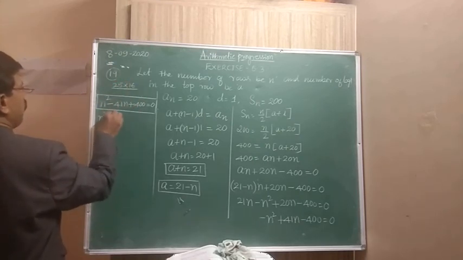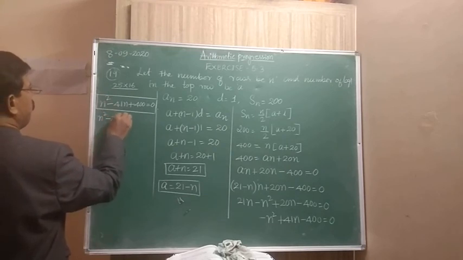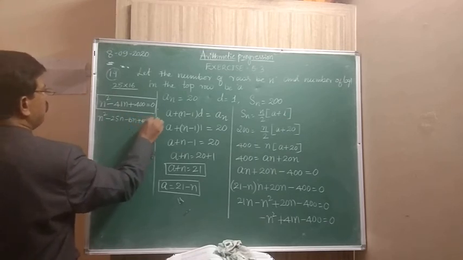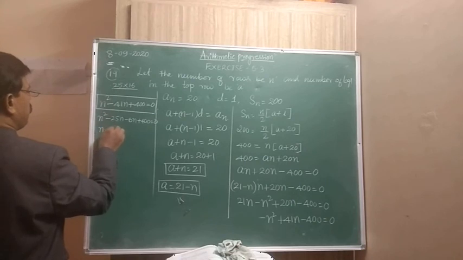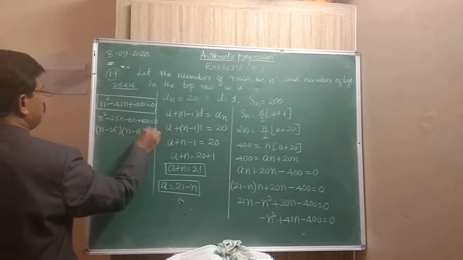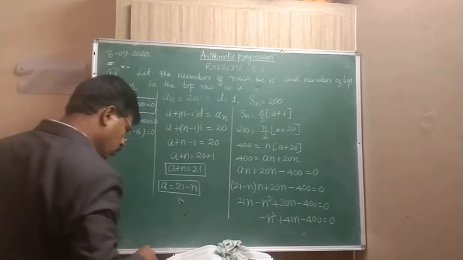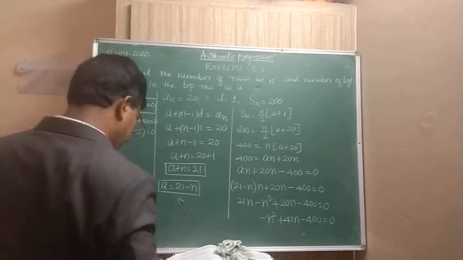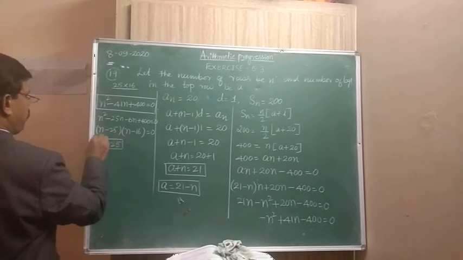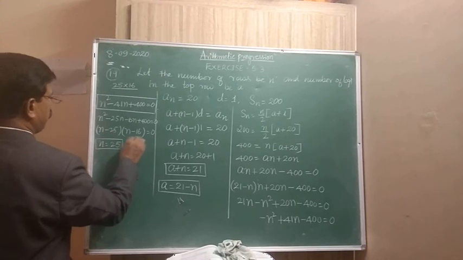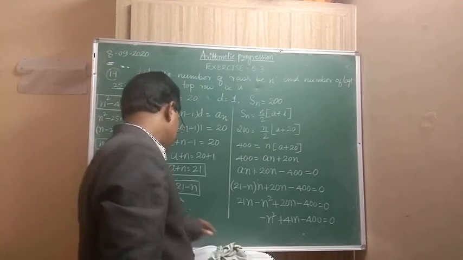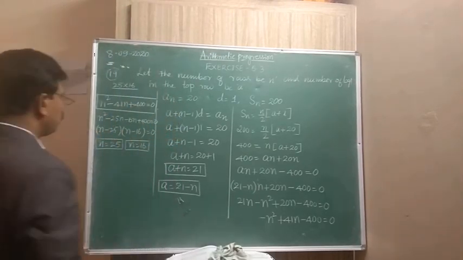So n square minus 25n minus 16n plus 400 equals 0. So I am writing directly (n minus 25) into (n minus 16) equals 0. So you have two values: n is equal to 25 and n is equal to 16. That means the number of rows is either 16 or 25.